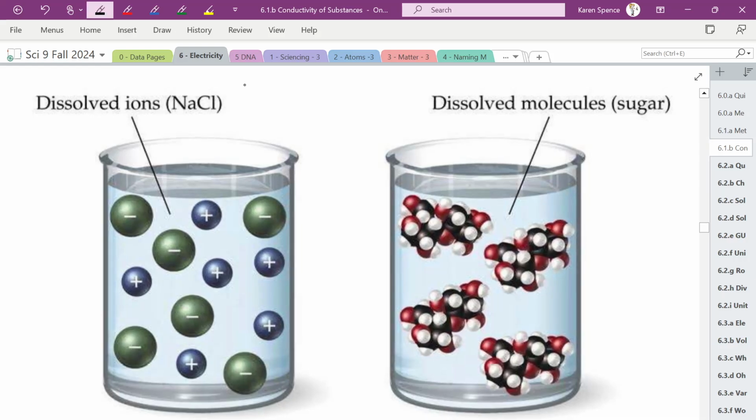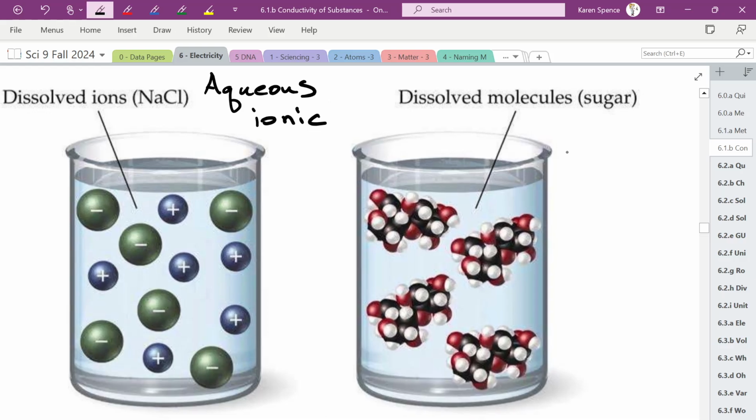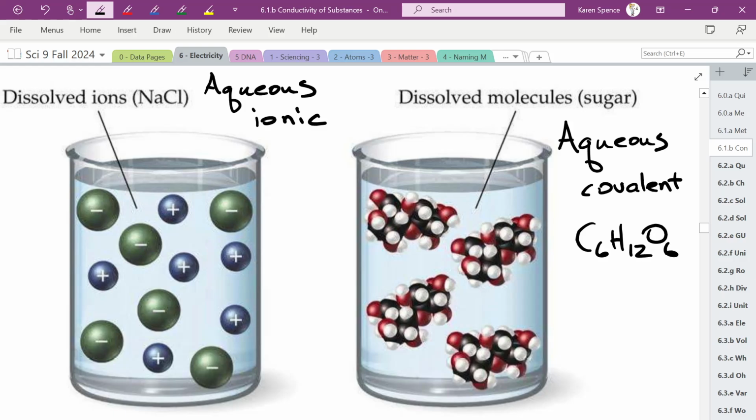So this is aqueous ionic. That's NaCl. This is aqueous covalent. Sugar, C6H12O6.